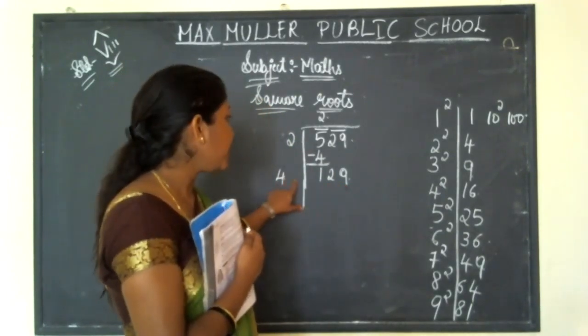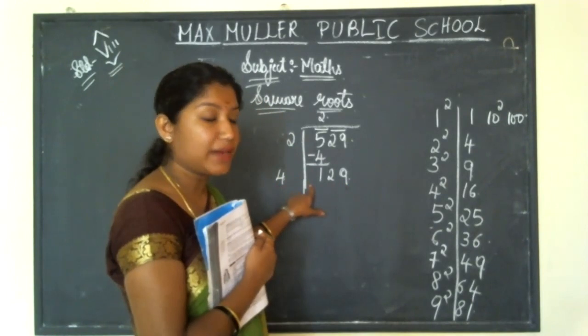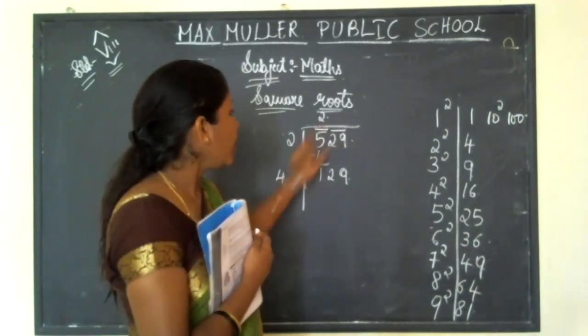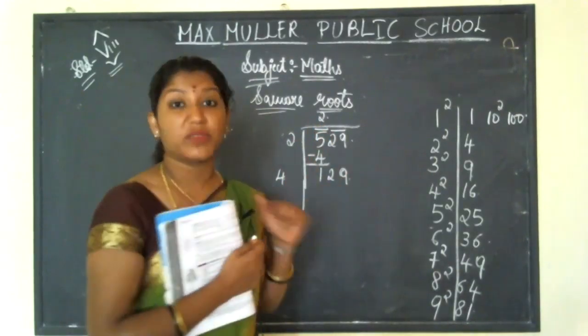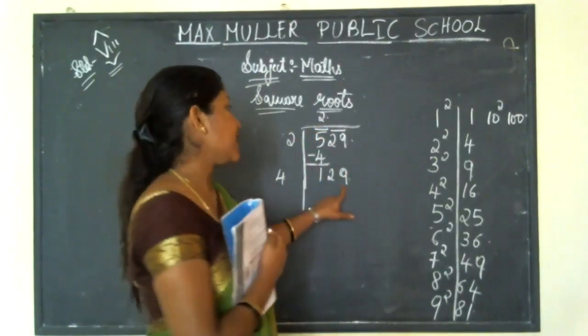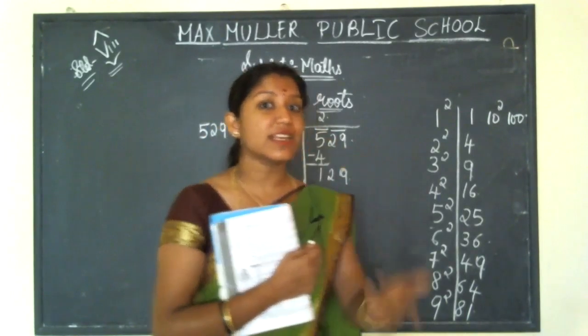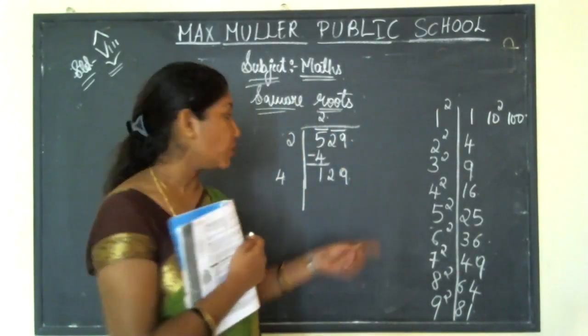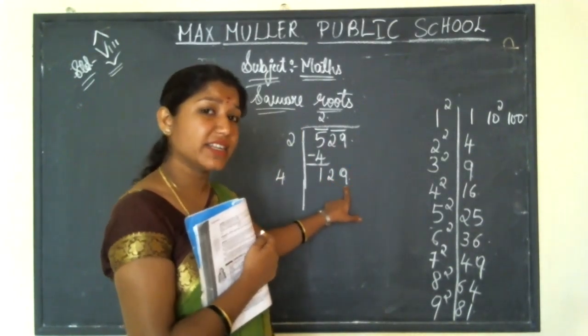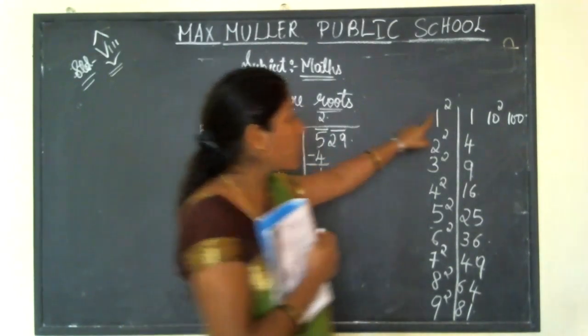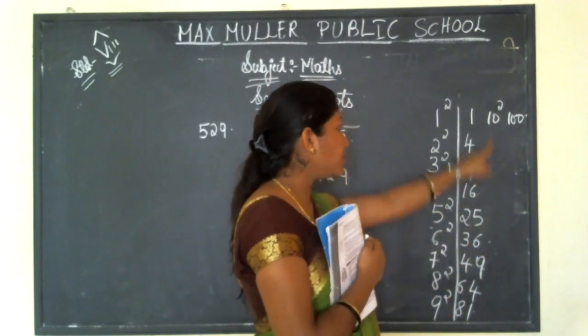Some 2-digit number, if you multiply it with a single number, you will get this number. Which is that number? See, this is the easy method I am teaching you. Just see the last number. Here it is 9. So see all the square numbers.